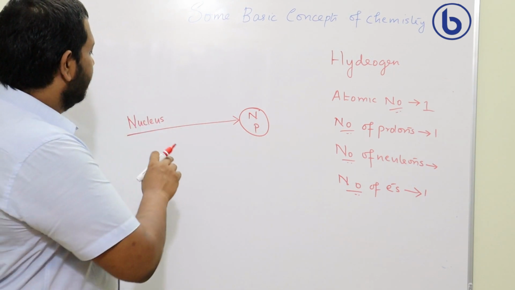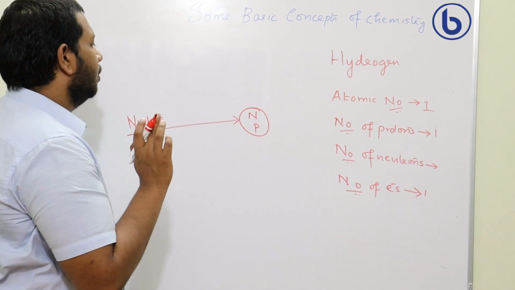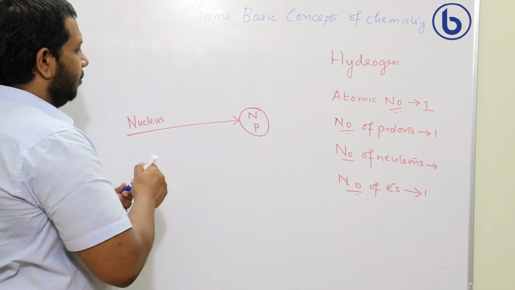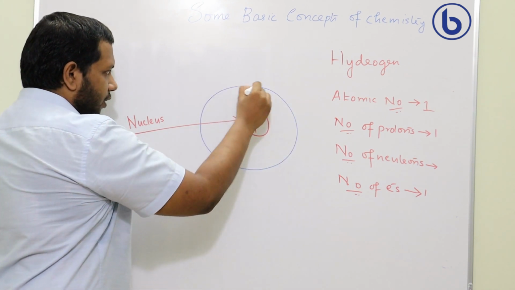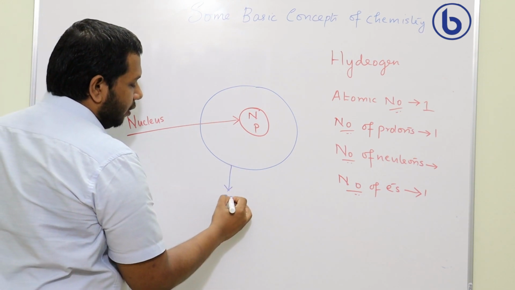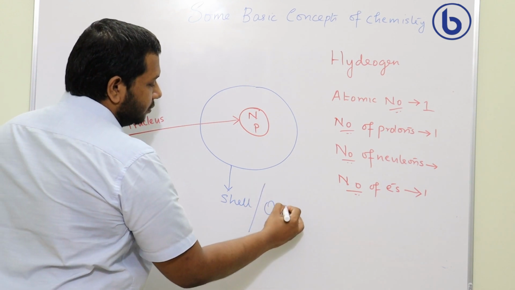As I told, we have a nucleus out there. This is the nucleus of the hydrogen atom, and around this nucleus we have what is called the shell. It is called the shell, or the other name is orbit.